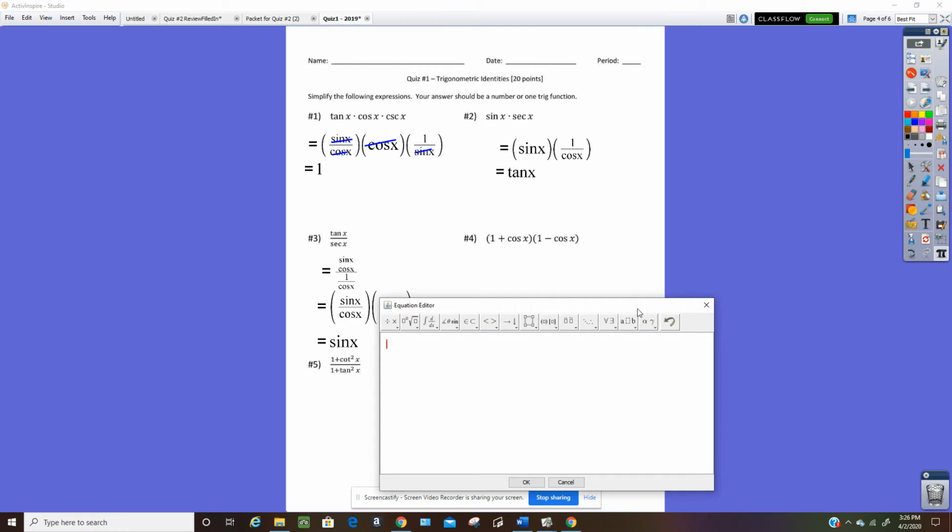So you have 1 minus cosine x plus cosine x minus cosine squared x, then you have 1 minus cosine squared x. And that's a Pythagorean identity. The 1 minus cosine squared is equal to sine squared.